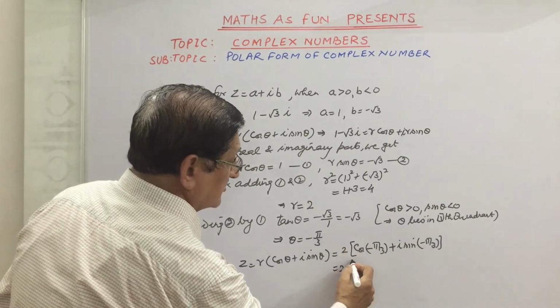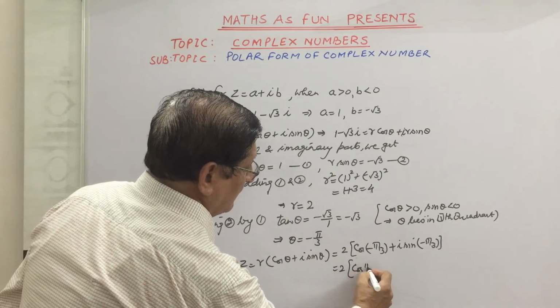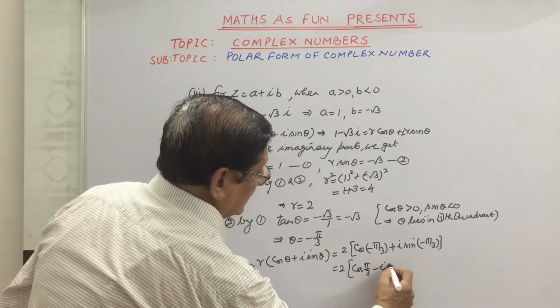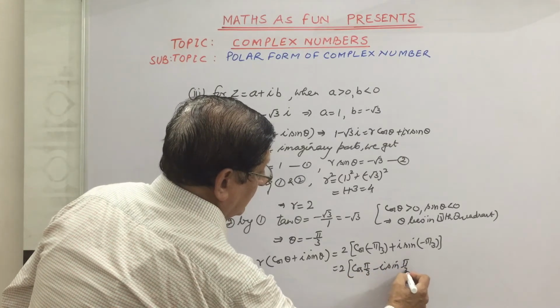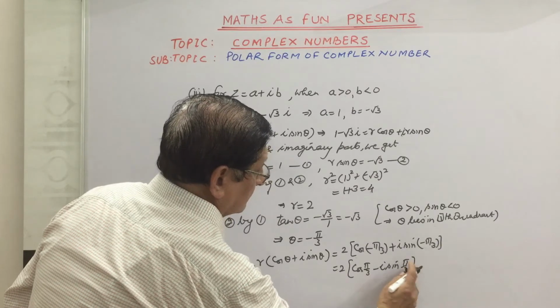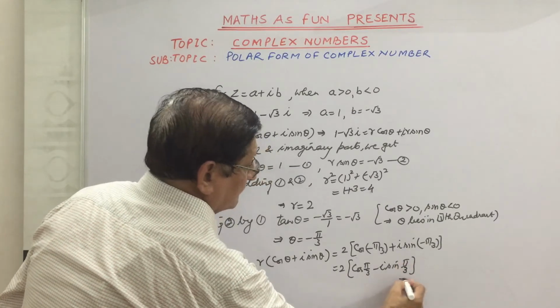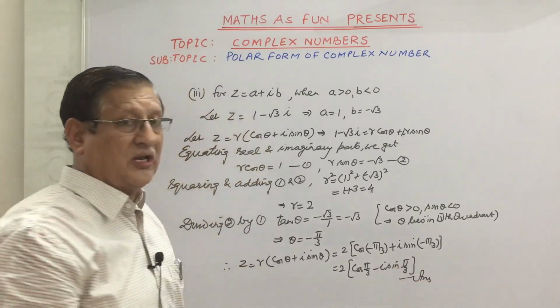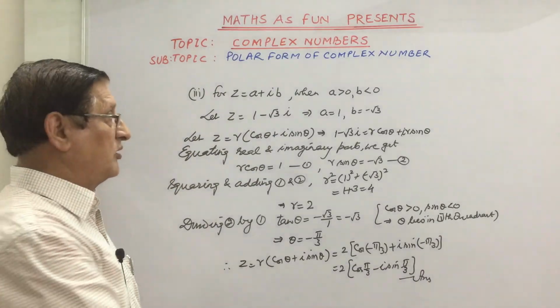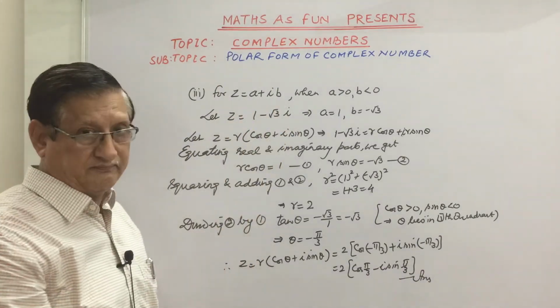Can we write this as 2 cos of pi by 3 minus iota sin of pi by 3? That is the answer. So like this we can find out the polar form.